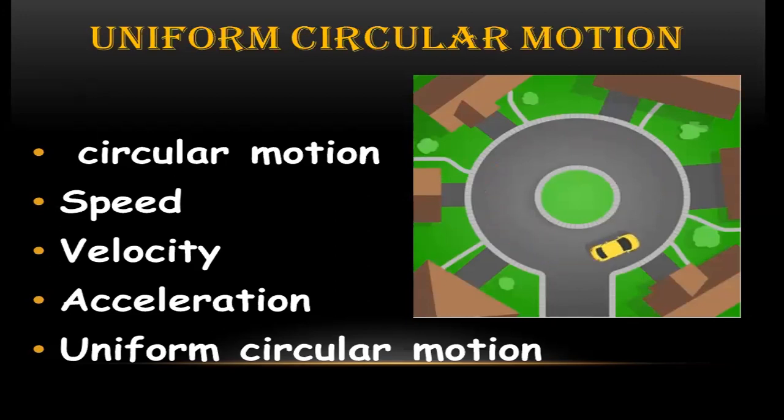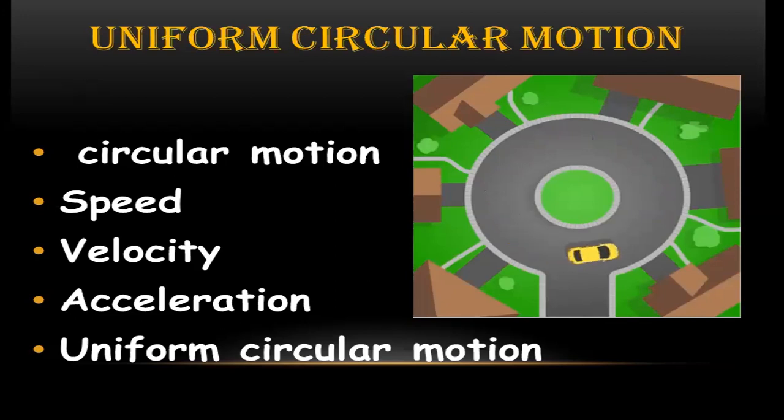So we have two important words: constant speed, circular path. Before we could understand the definition more clearly, we will try to understand the words that are there in front of you: circular motion, speed, velocity, acceleration, and then we will try to understand uniform circular motion. What is a circular motion? If an object is taking a circular path, we call it a circular motion.